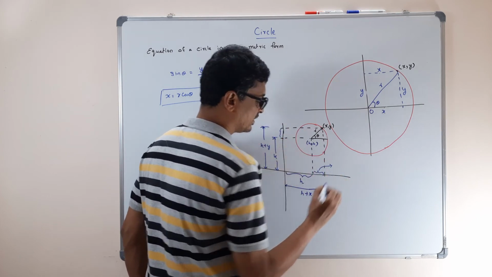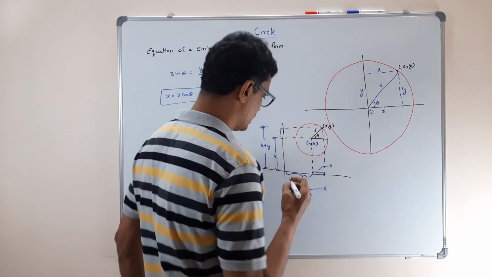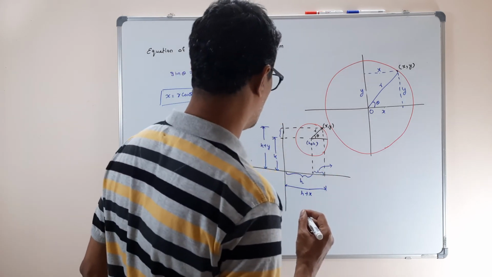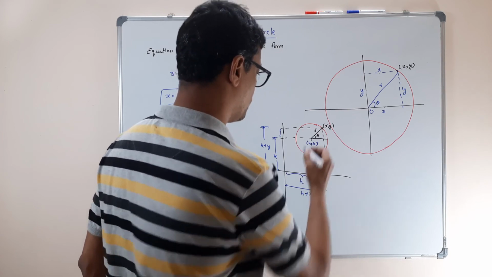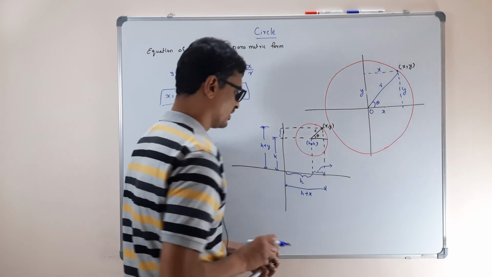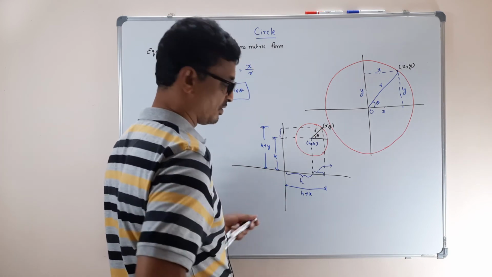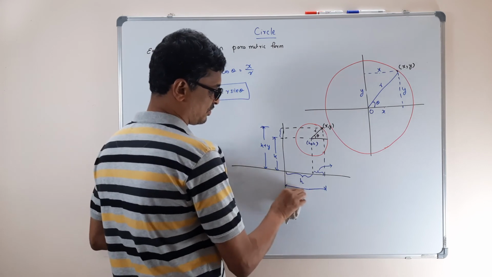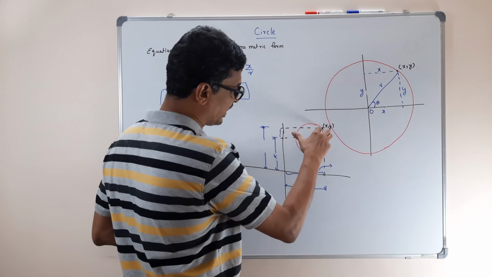Now you tell me, what will be this length? You made a mistake. This point is x, right? This whole length is x, because this point is x.